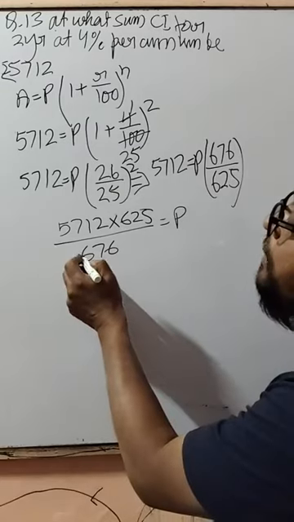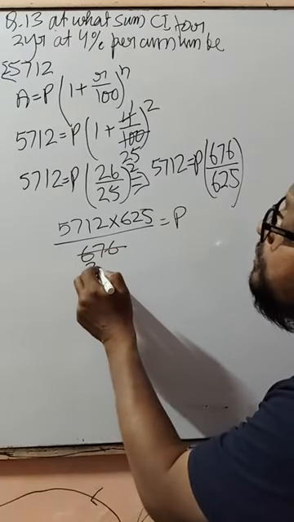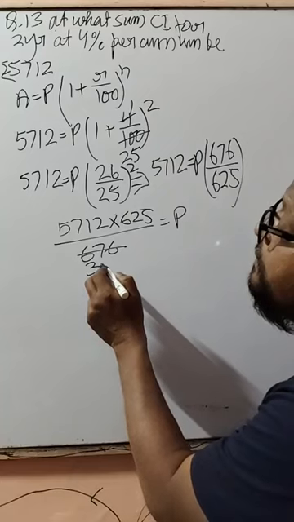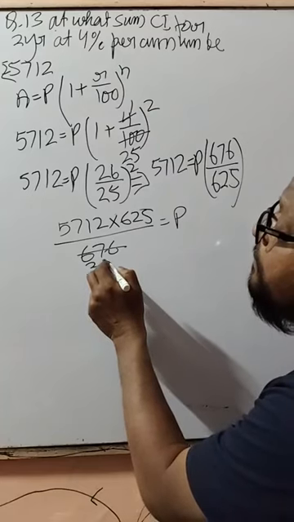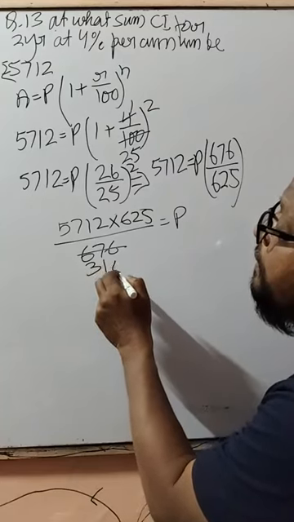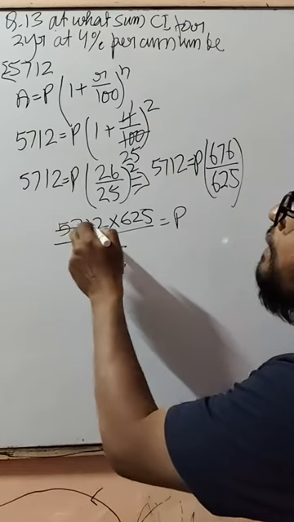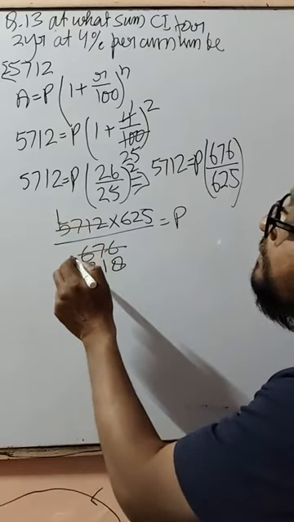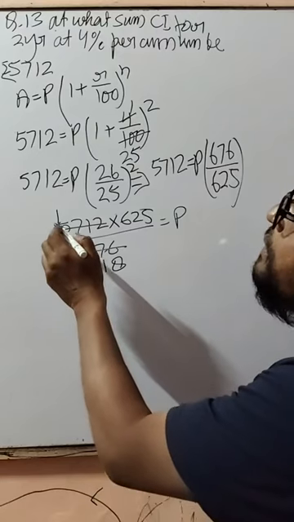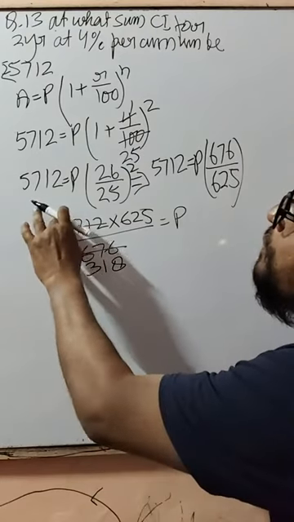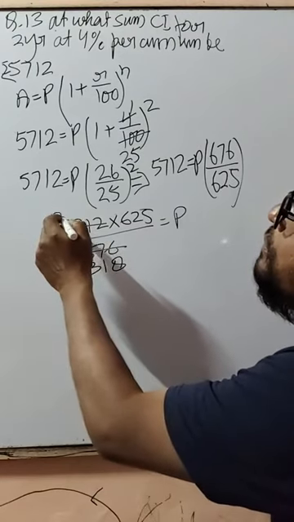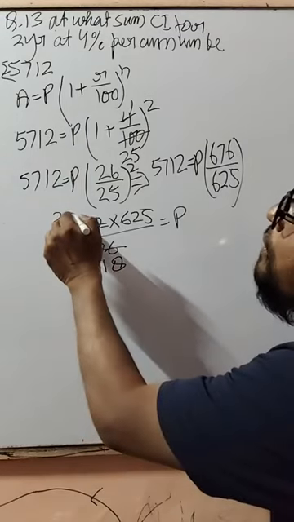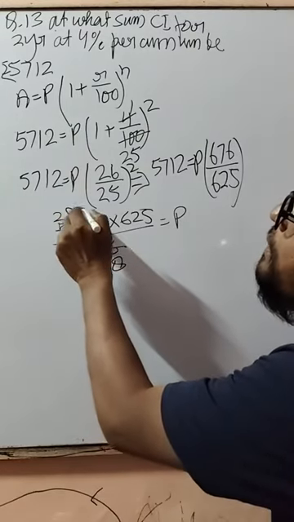We divide it by 2. 3 times 2 6. 2 times 2 becomes 4. 2 times 8 becomes 16.